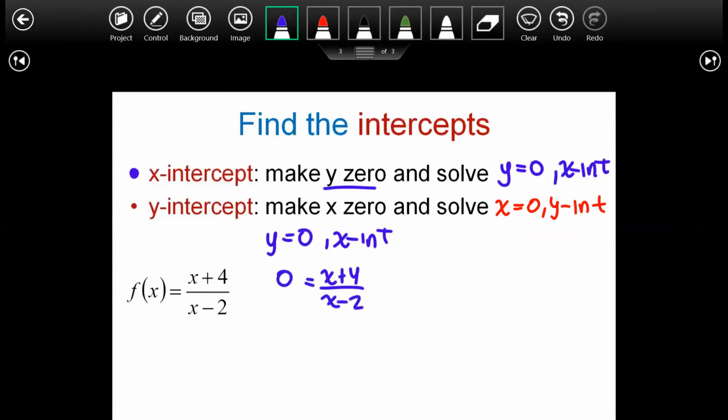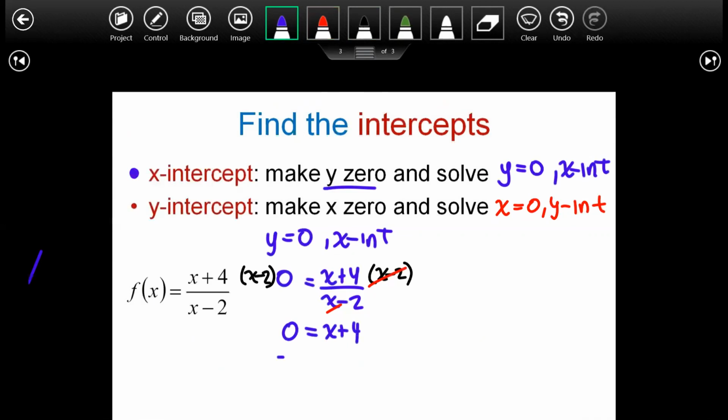Luckily, this looks actually really nice. What happens if we multiply both sides by x minus 2 to get rid of that denominator? What occurs? We're basically going to get x minus 2 to get rid of the bottom, our denominator. These are going to reduce down. What's anything times 0? 0.